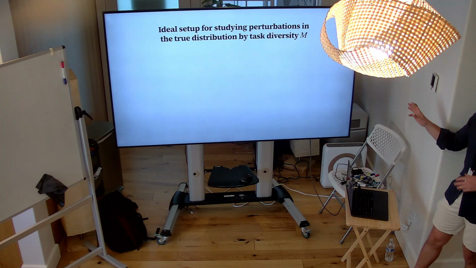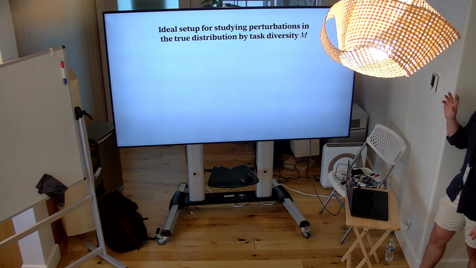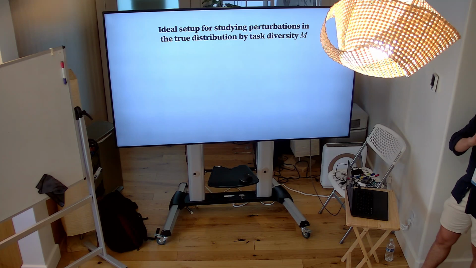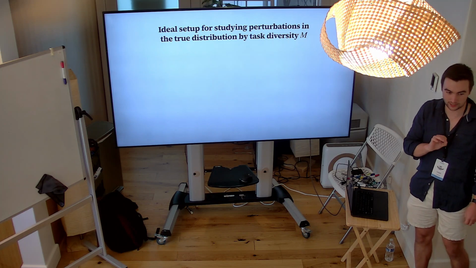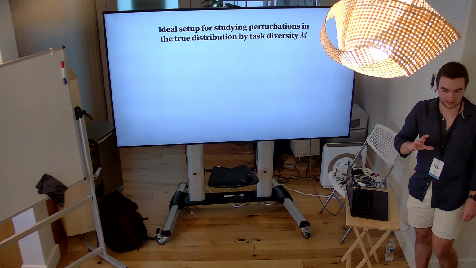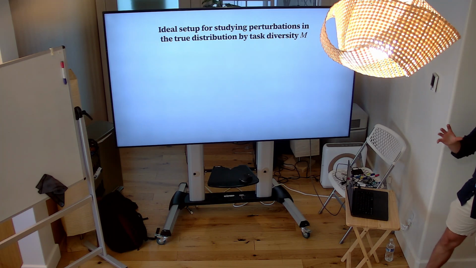So the reason to study this is that it is an ideal setup for studying how perturbations in the true distribution, the training distribution, affect the geometry of what we are seeing, the geometry of the training trajectories.